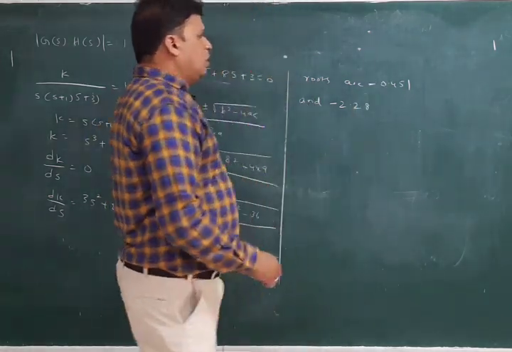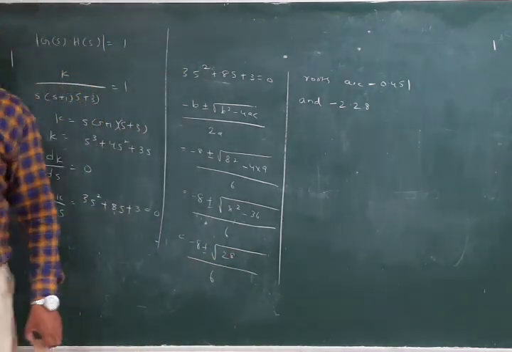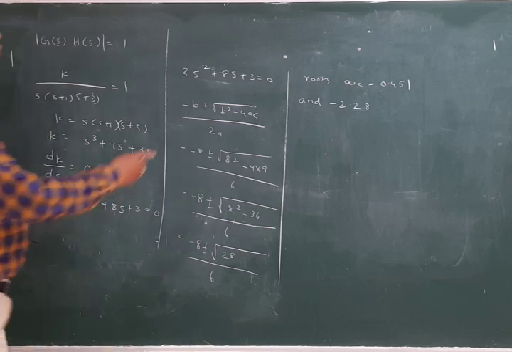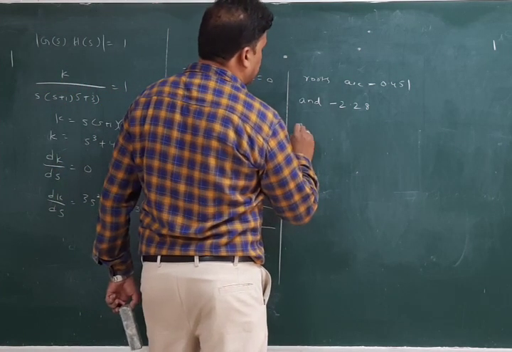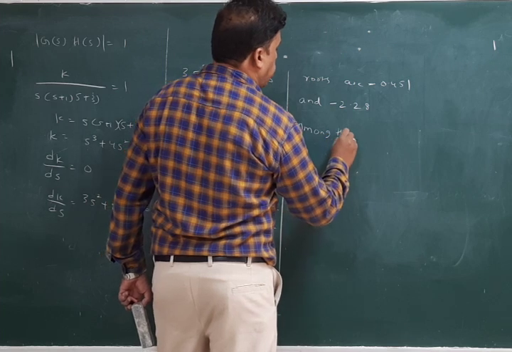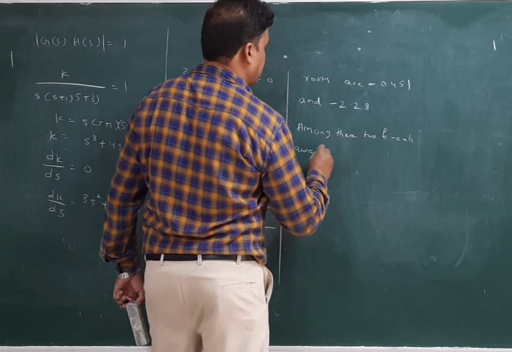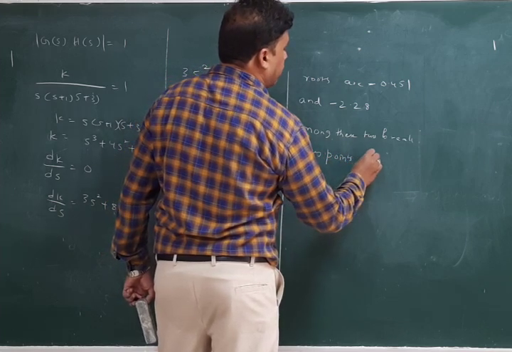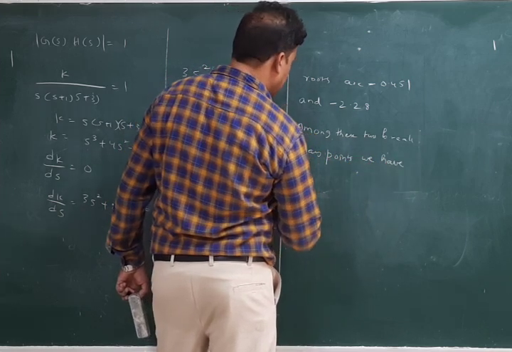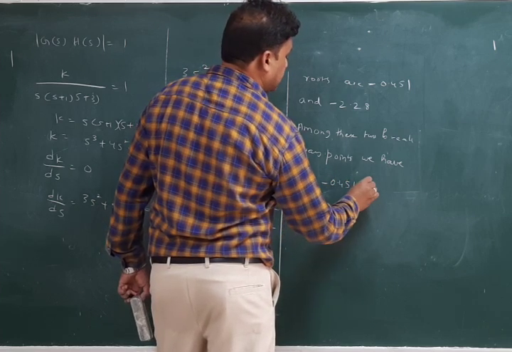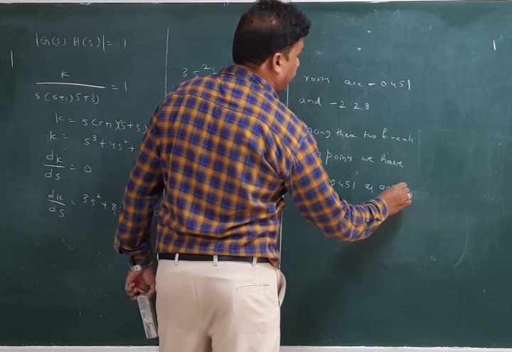We will see now how the drawing of the root locus goes. So these two breakaway points are there. Among these two, only minus 0.451 is the actual breakaway point.